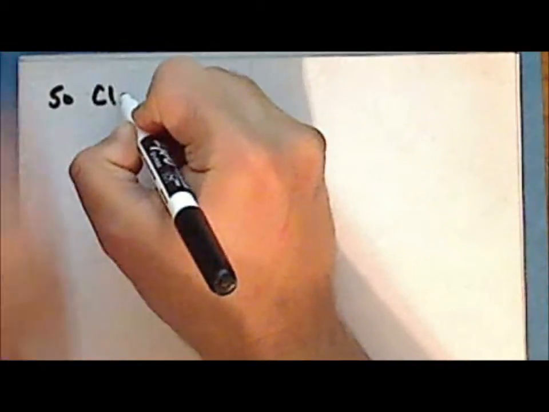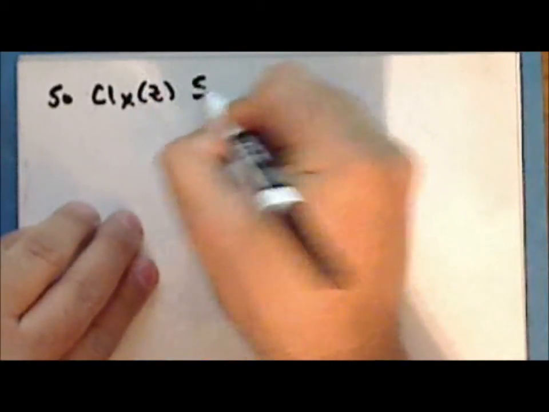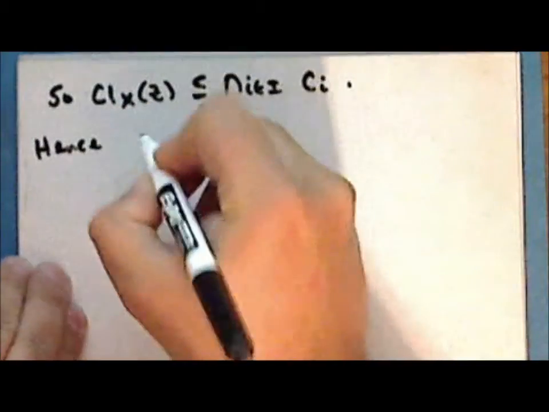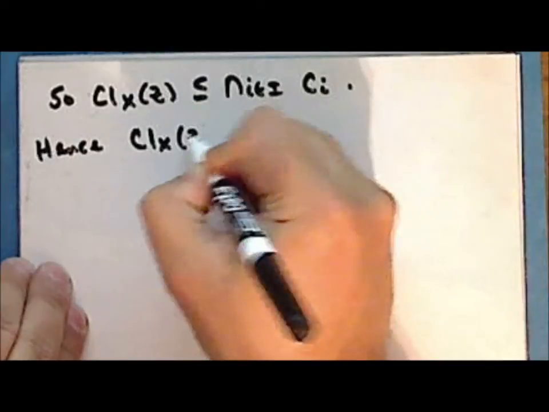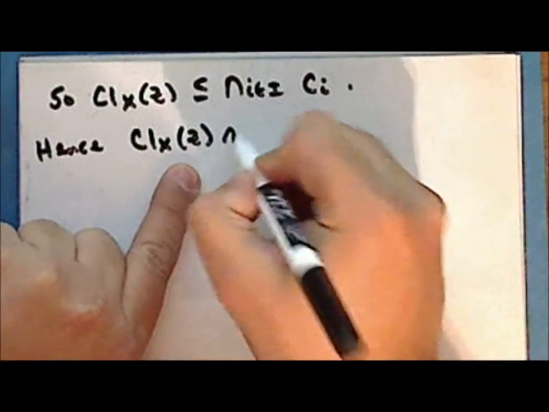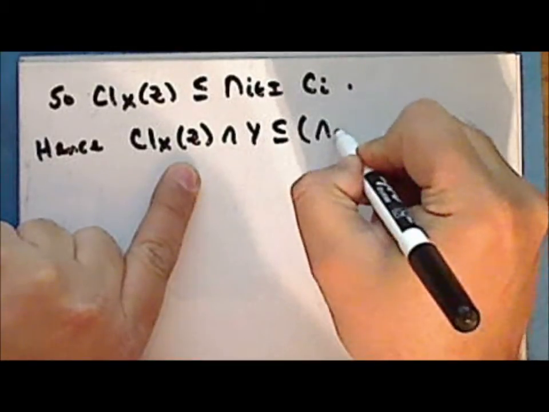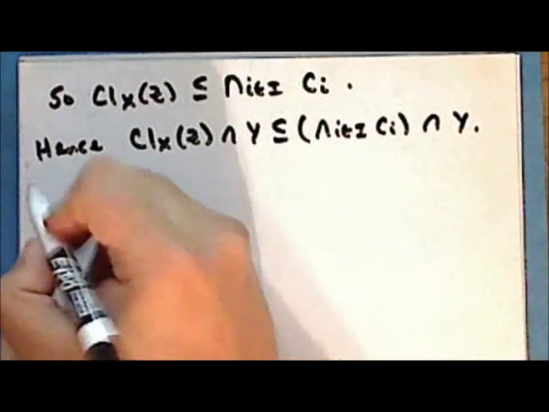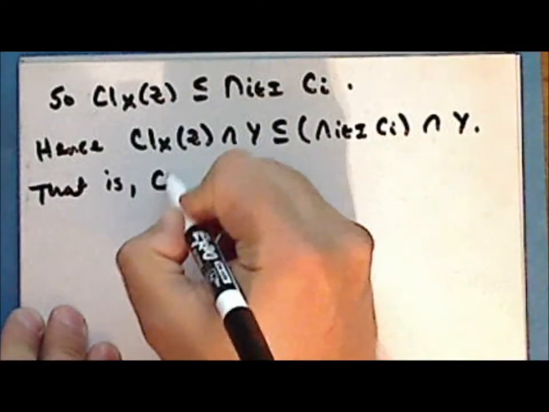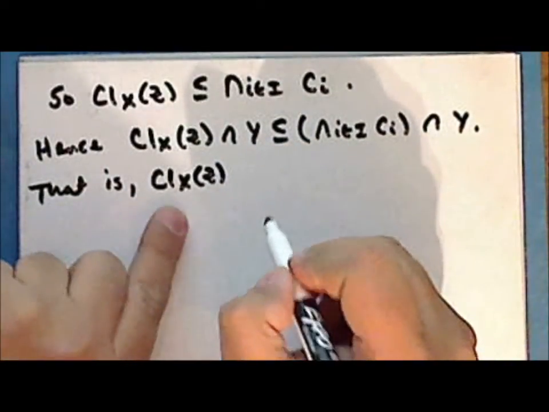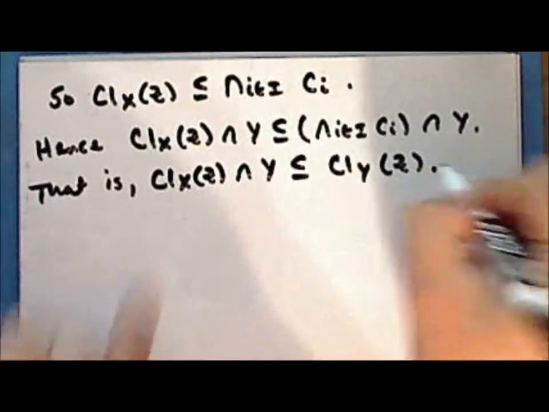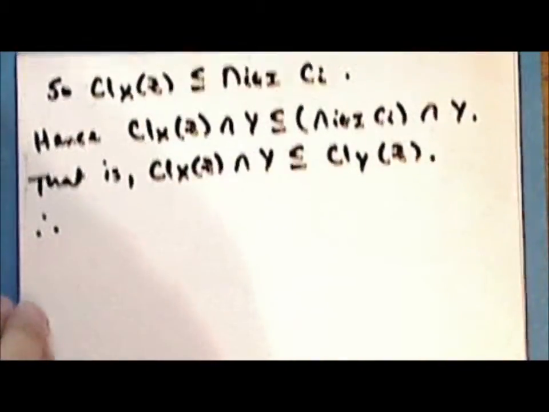And so the closure of Z in X is a subset of the intersection of the sets C sub I, and hence the intersection of the closure of Z in X with the set Y is a subset of the intersection of the sets C sub I with the set Y. That is, the closure of Z in X intersected with Y is a subset of the closure of Z in Y. So we have demonstrated set inclusion in both directions.